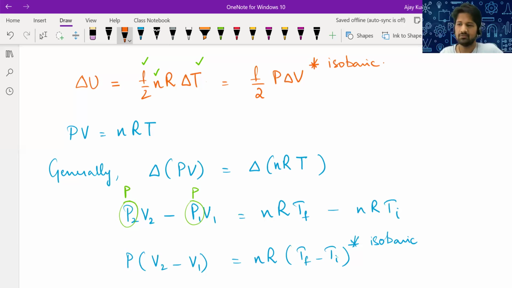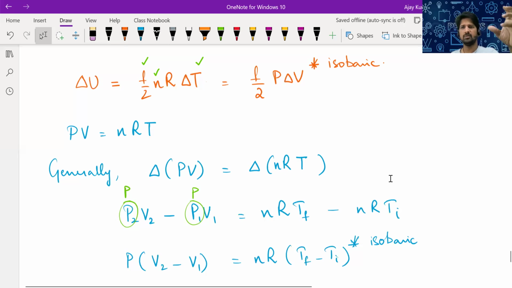These derivations, if you do them once on your own, it'll be easier for you to memorize, and more comfortable for you to apply. So this is how we calculate change in internal energy of a gas during an isobaric process. Just like how we did for isothermal, we use the basic formula and apply it to this particular process. In isothermal, it turned out to be zero because temperature doesn't change. In isobaric, this is how you calculate the change in internal energy of the gas.